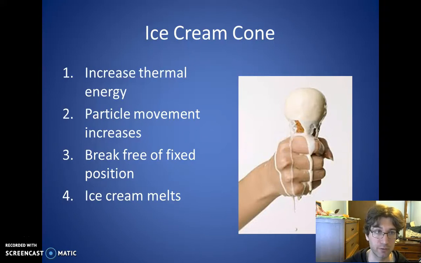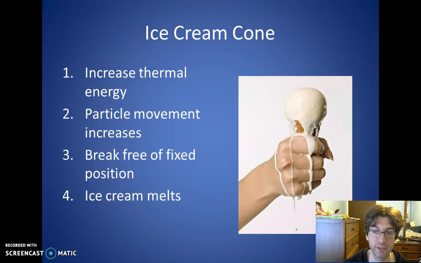So let's think about ice cream. I'm sure all of you have had this trouble, and that's the fact that your ice cream tends to melt. So what's going to happen is first, as you hold that ice cream, you're going to increase the thermal energy of your ice cream. Particle movement is therefore going to speed up because, again, thermal energy is the total movement of particles.